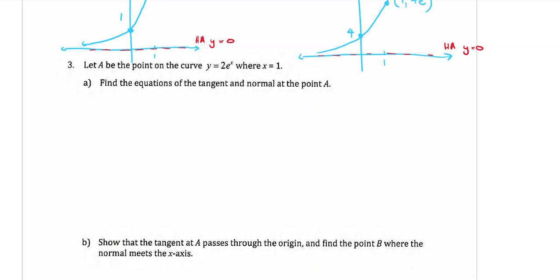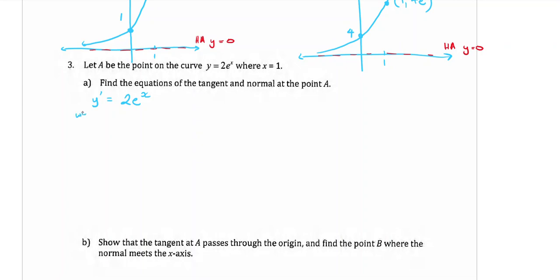So the derivative of e to the x is e to the x, right? The 2 sitting out the front is just sitting out the front. It's not going to do anything. So the derivative of 2e to the x is still 2e to the x. Okay, now I specifically want the tangent and normal when x is equal to 1.